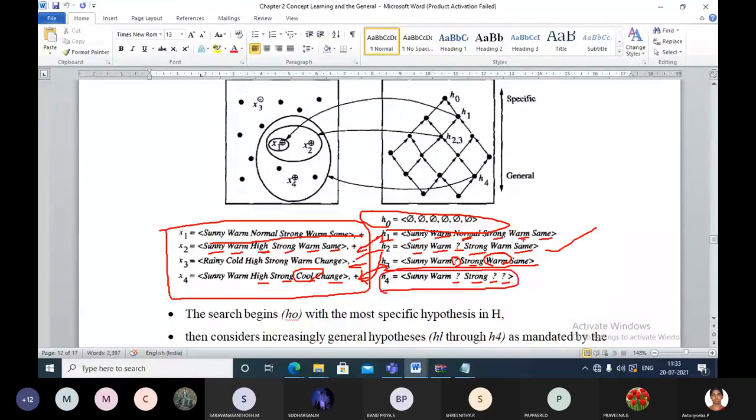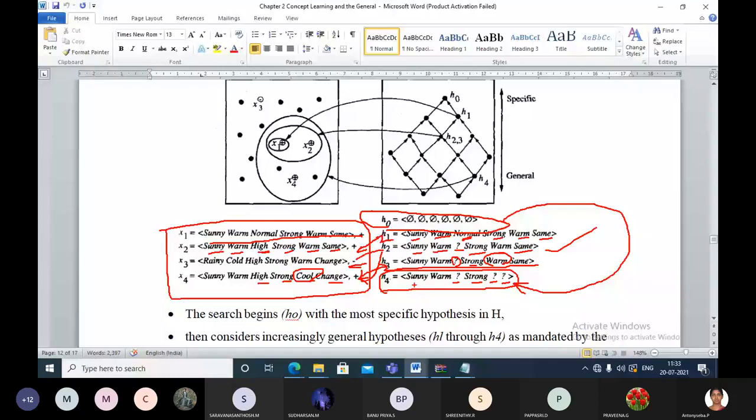So now you have moved from a specific hypothesis to a general hypothesis, where the first attribute, I think it is sky, should be sunny. Your second attribute should be warm. Your third attribute may have any value. Your fourth attribute value should be strong.